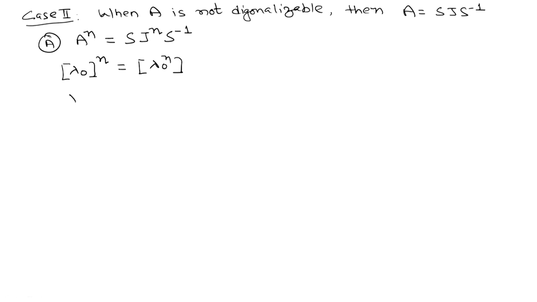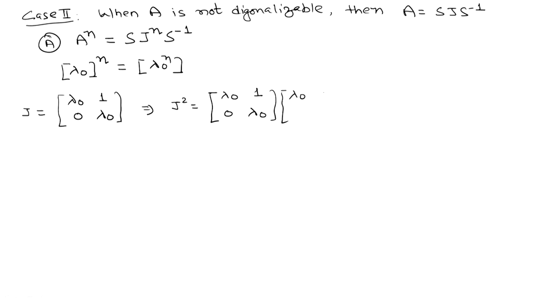Now, if you take a Jordan block of size 2, so [lambda 0, 1; 0, lambda 0]. Let us assume this is my J. Now if I calculate J square, it will become [lambda 0, 1; 0, lambda 0] into [lambda 0, 1; 0, lambda 0].